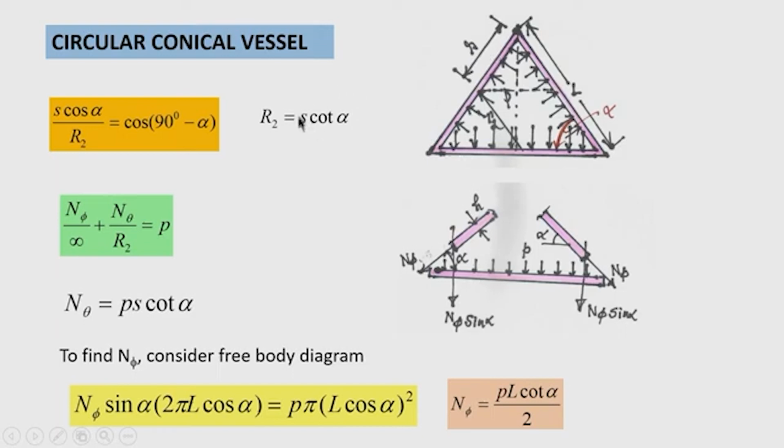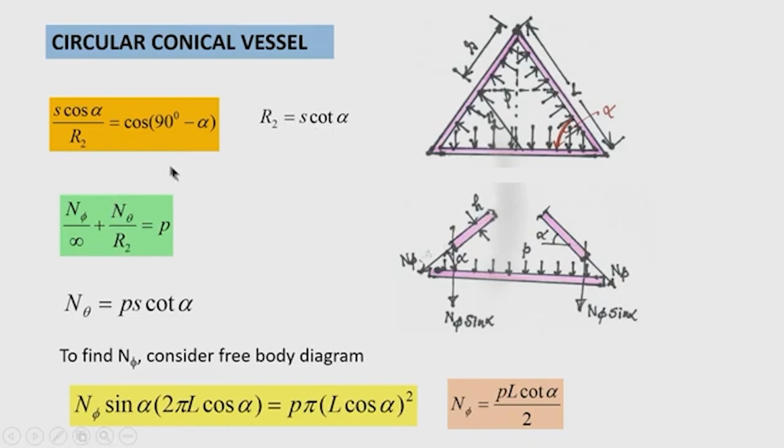So, it becomes s cot alpha. Of course, this alpha is the angle made by the inclined side with the horizontal axis, so the semi apex angle will be alpha by 2. However, this relation is coming out in terms of the full angle alpha. So, R 2, the second principal radius of curvature, is equal to s cot alpha.